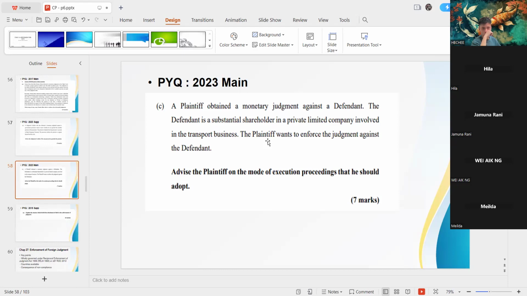First thing is because he's a substantial shareholder, but looking at the fact that he is also involved in the transport business. Any idea?